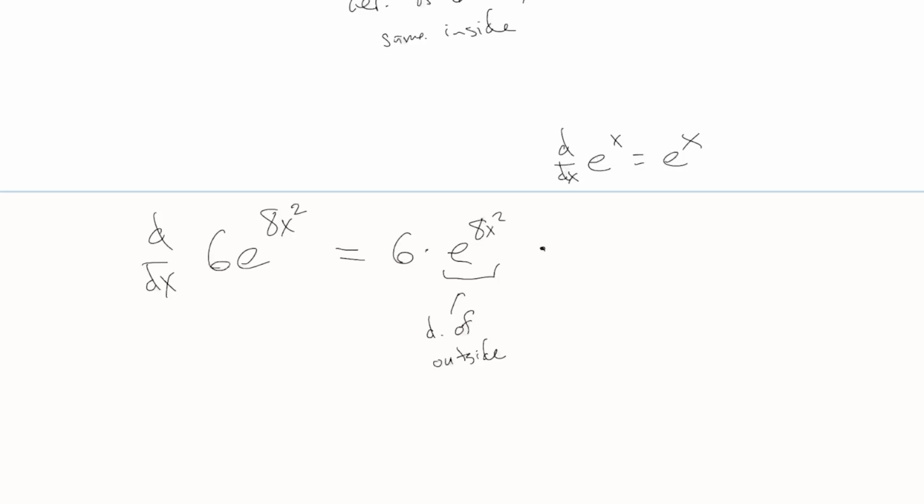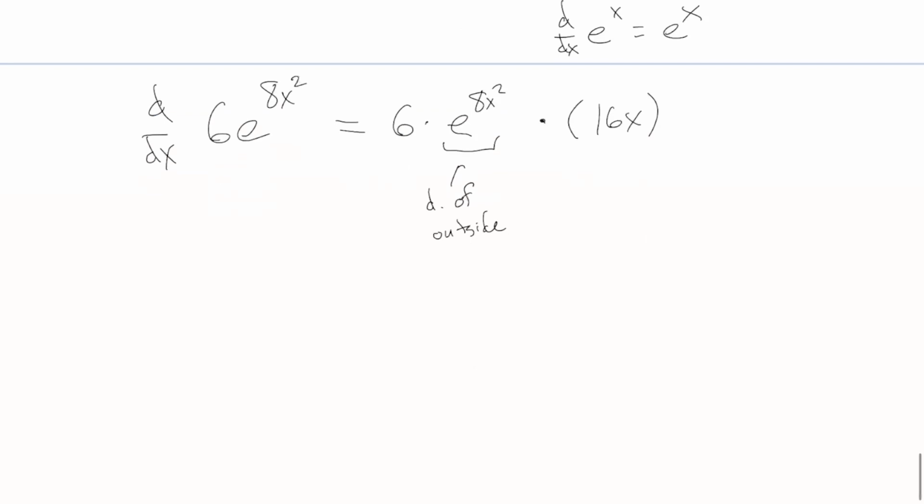The inside is 8x squared, and so the derivative of the inside is 16x. This is the chain rule as part of an exponential function. All right. I got 2 more examples, and I think we can go. I had some for you to try, but we can start off at the beginning next time with that. Let's just try a couple more.